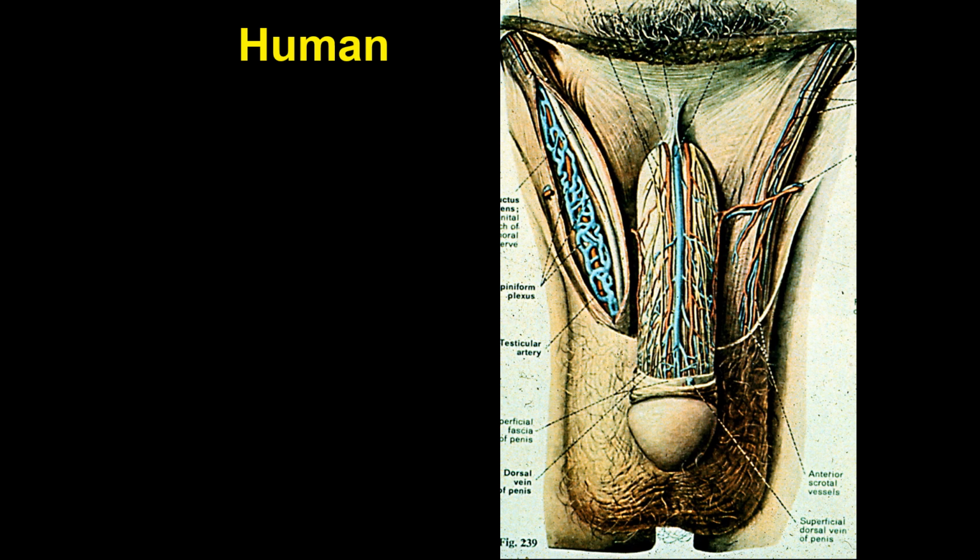We have here the human penis, and we have here the relative location of the pampiniform plexus in the male human. One of the problems associated with the pampiniform plexus in humans is the development of the condition known as varicocele. This is also known in layman's terms as varicose veins in the pampiniform plexus.